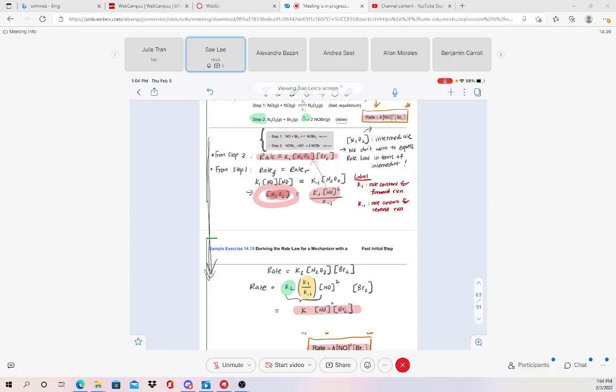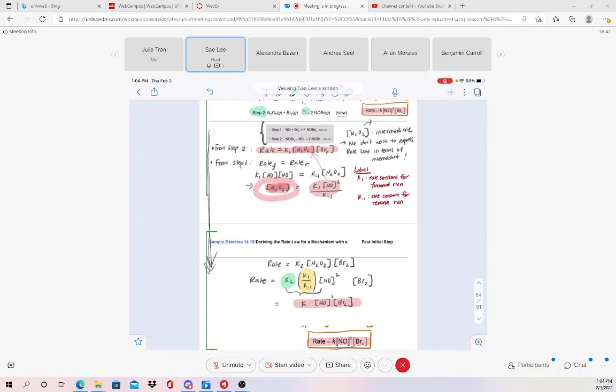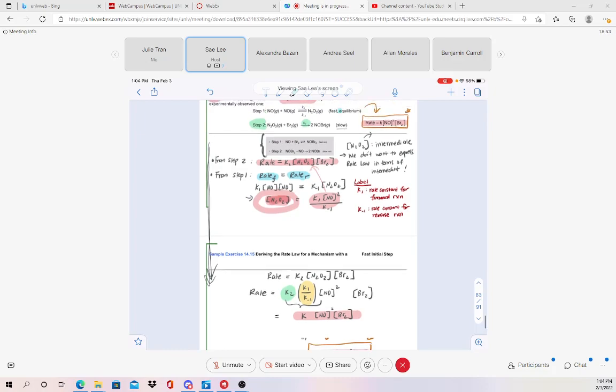Okay, so I went back again and read, and I made a mistake. The rate of the forward reaction will definitely equal the rate of the reverse reaction in the equilibrium reaction. However, the rate constants for the forward reaction and the reverse reaction can cancel each other only if they have the same value, and that is not always the case.